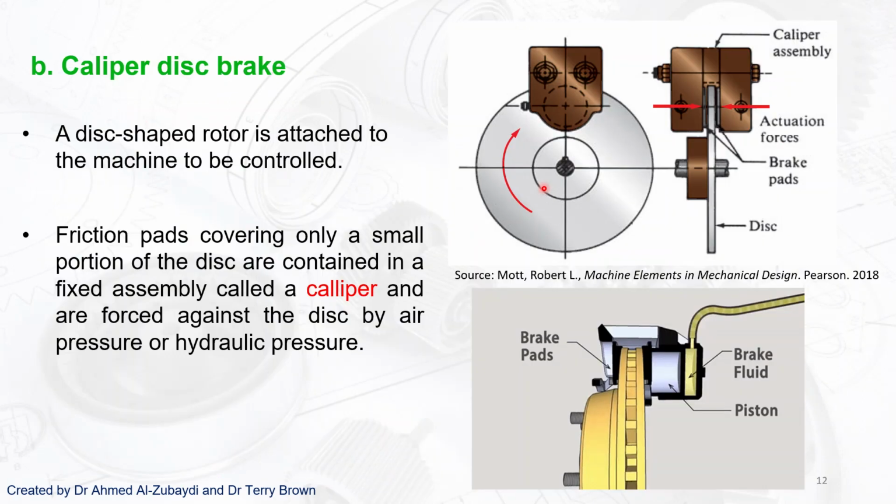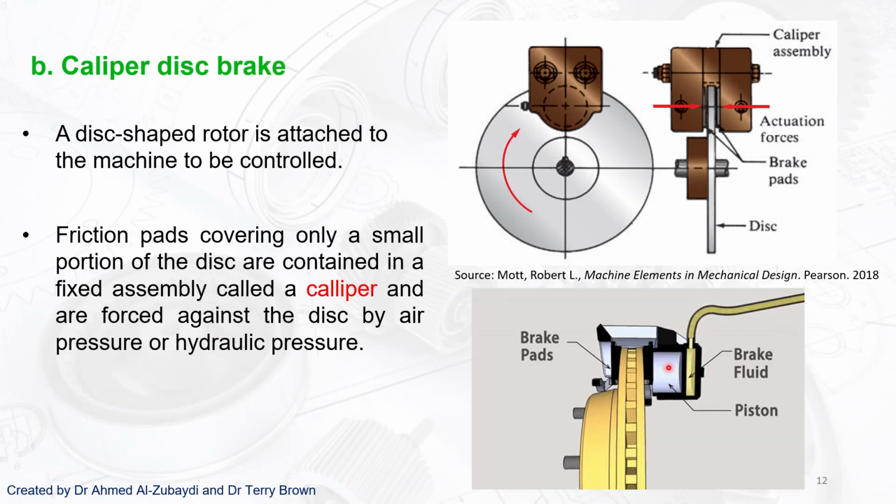All right, so another type of braking system that you would be familiar with would be the caliper disc brake, where we have a disc or a rotor, and then the braking is achieved by having brake pads that are forced onto the disc to stop it from rotating. Usually or often that will be via hydraulic pressure, or could be just air pressure.